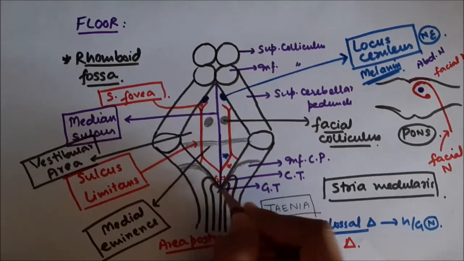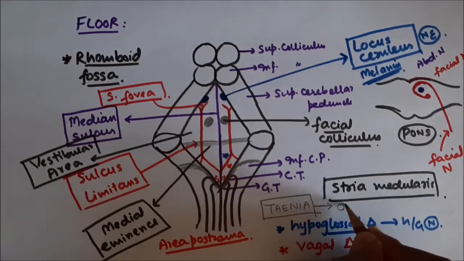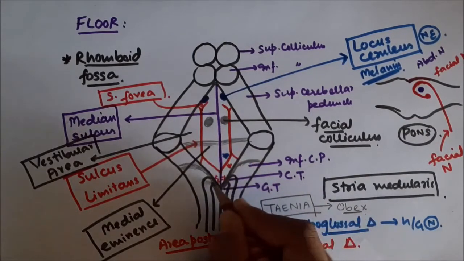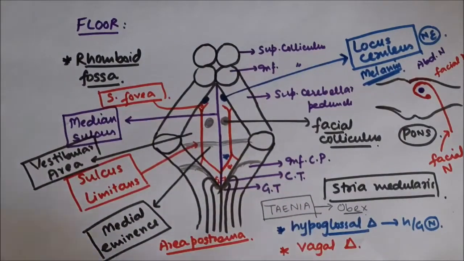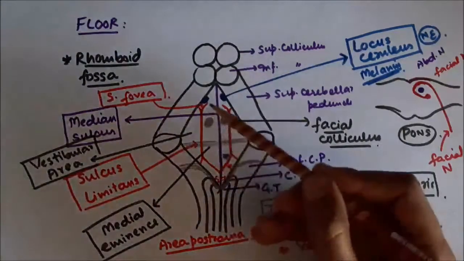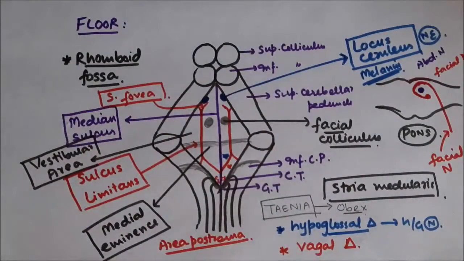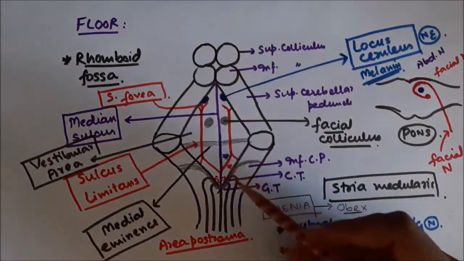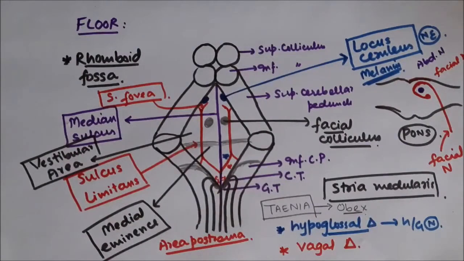Near the inferior angle it forms a nib-like structure, which is called the obex. So the tinea forms the obex near the inferior angle of the floor of the fourth ventricle. These were the various structures associated with the floor of the fourth ventricle: facial colliculus, locus ceruleus, sulcus limitans, and other structures. So this is all about the floor of the fourth ventricle.